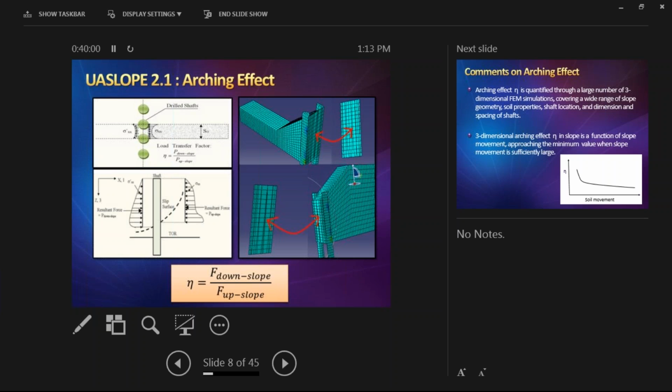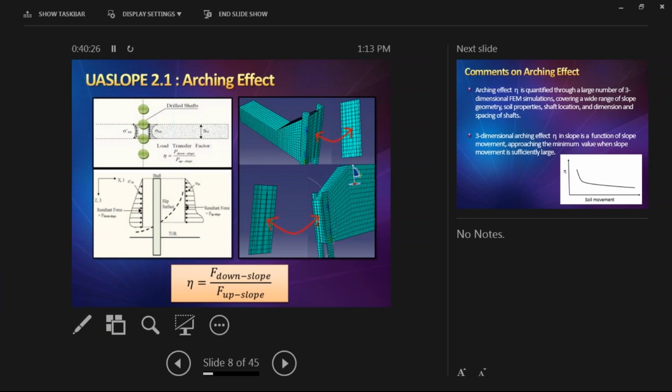You can see that because of the arching, the soil in between the drill shafts will move more than the soil behind the drill shaft, and the relative movement of the soil particles results in the arching effect. So the stress behind the drill shaft is higher than the stress in the soil in between the drill shafts.